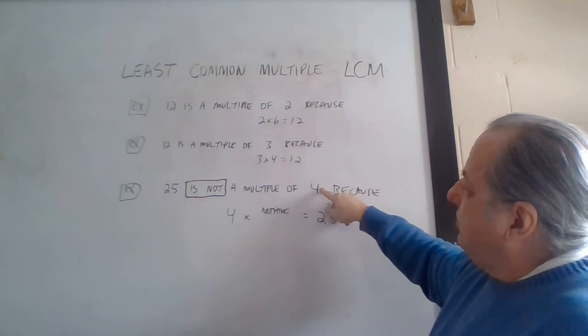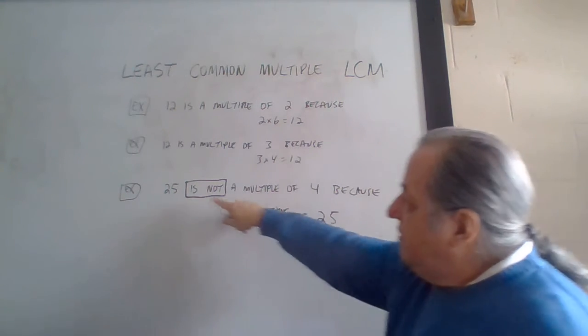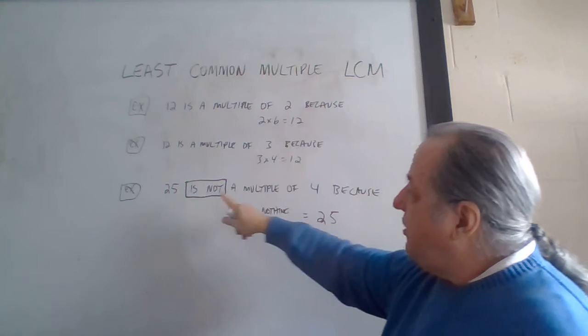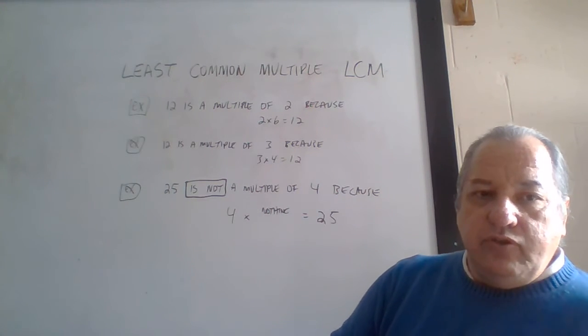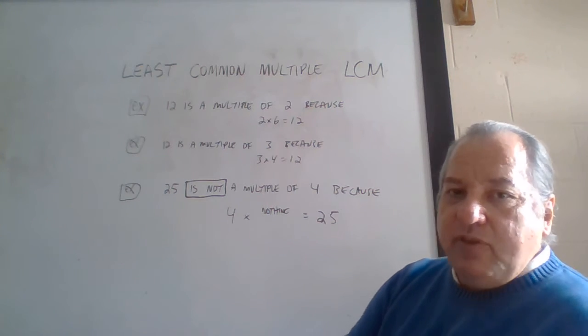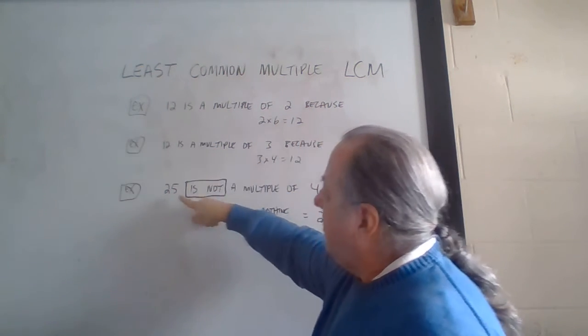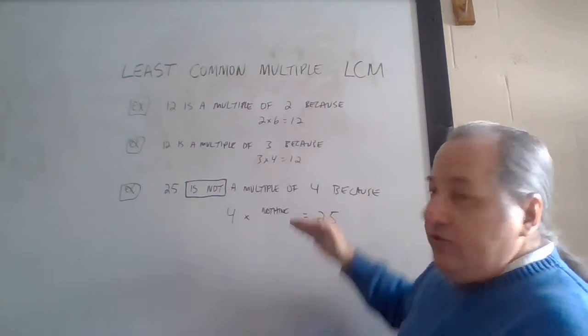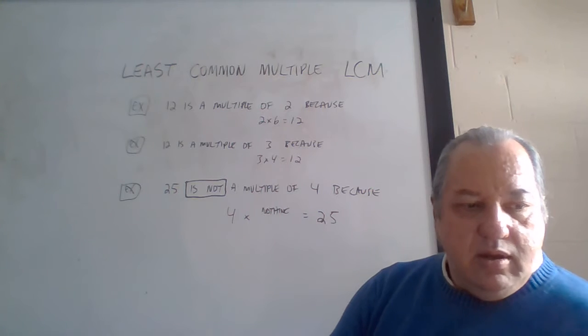The smaller number times nothing that you can think of makes the bigger number, so 25 is not a multiple of 4. So some of your homework today, about half the problems will be asking you, is a bigger number a multiple of a smaller number? And that's the way that you would handle those problems.